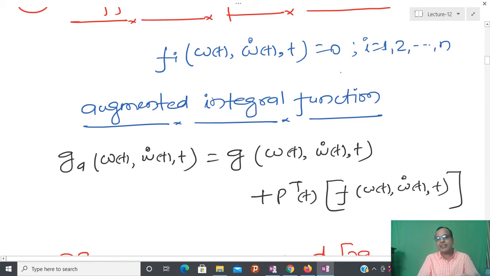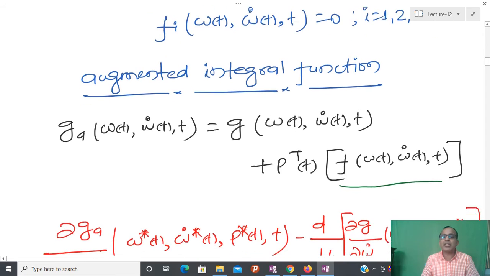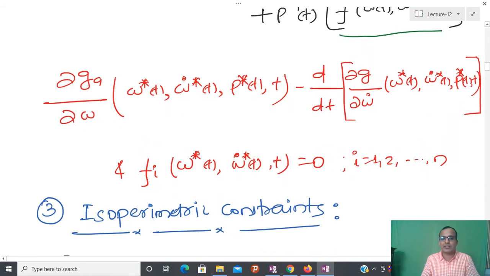And again if I have to optimize the same function, the integral from t0 to tf of g(omega, omega dot, t), at that time again we define an augmented function, just the change is here, and after that again we solve the Euler-Lagrange equation, and we also force that at the point of extremization this differential equation will also be satisfied.